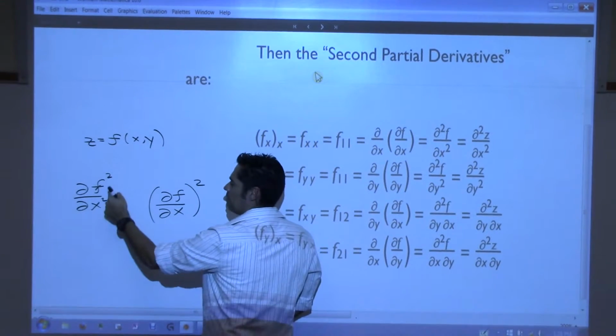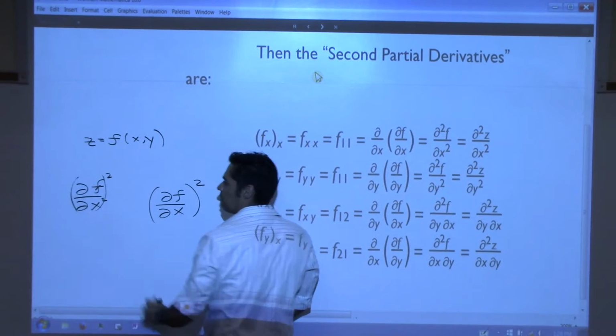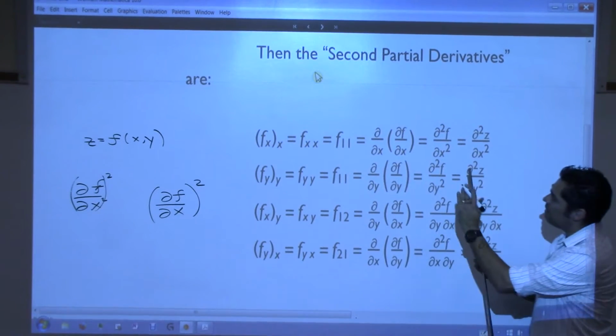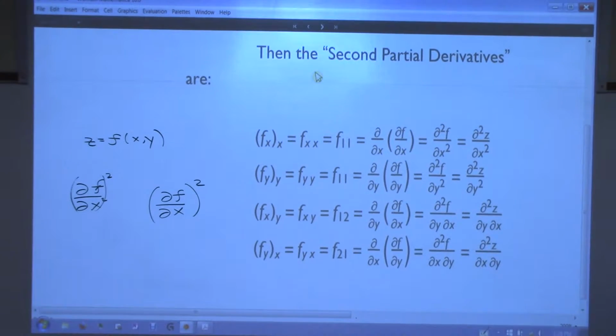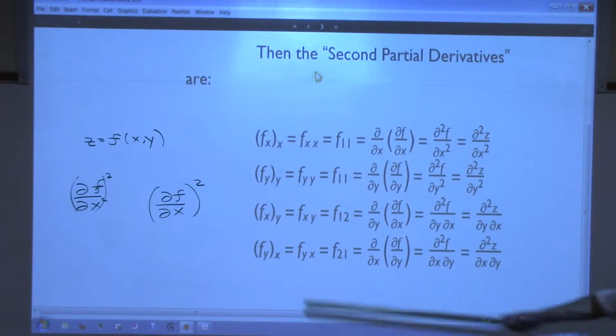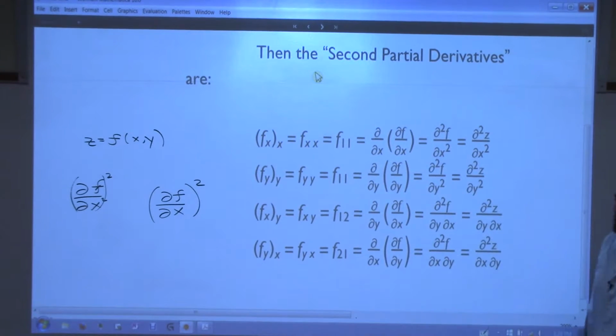Because you might say, okay, if they're both squared, then I'll just square both. By offsetting them, it means that they're two separate derivatives. Understand that? And then this is the same exact notation, but instead of using f, we're using z, because z is defined to be f.